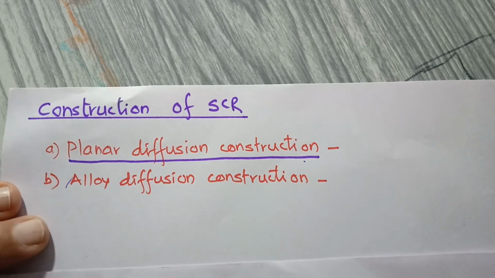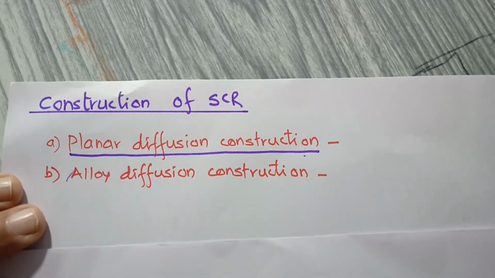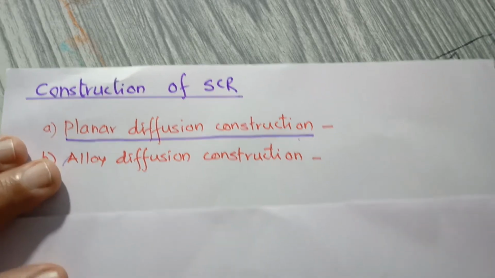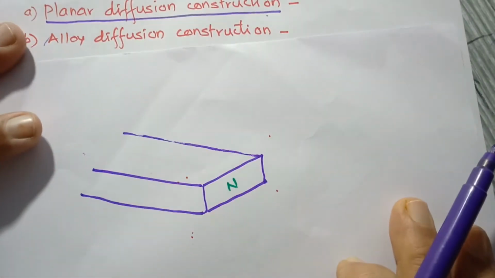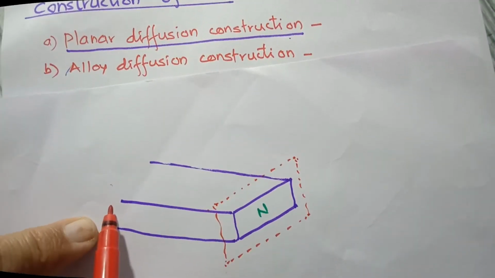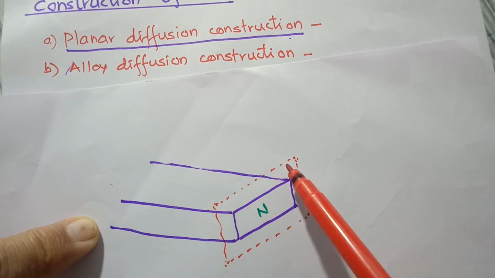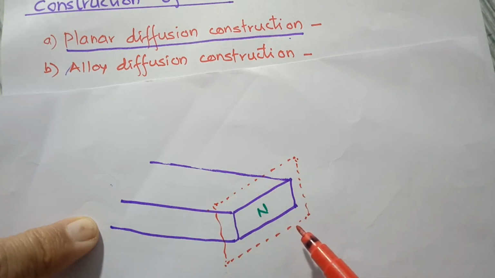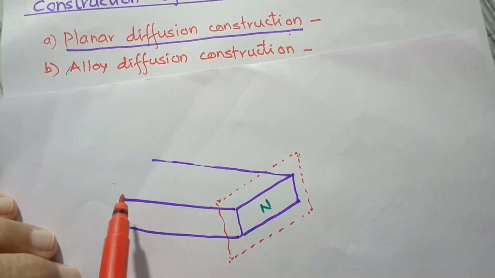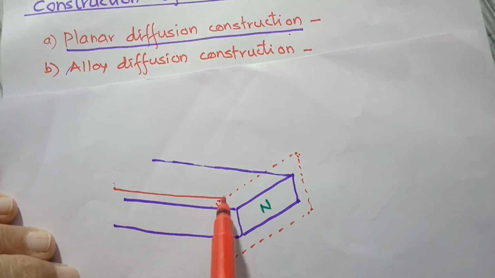In case of planar diffusion construction, all junctions are obtained by means of diffusion techniques. We take a large N-type wafer. This wafer is diffused simultaneously on both sides by p-type impurities, and therefore we get a structure like this.